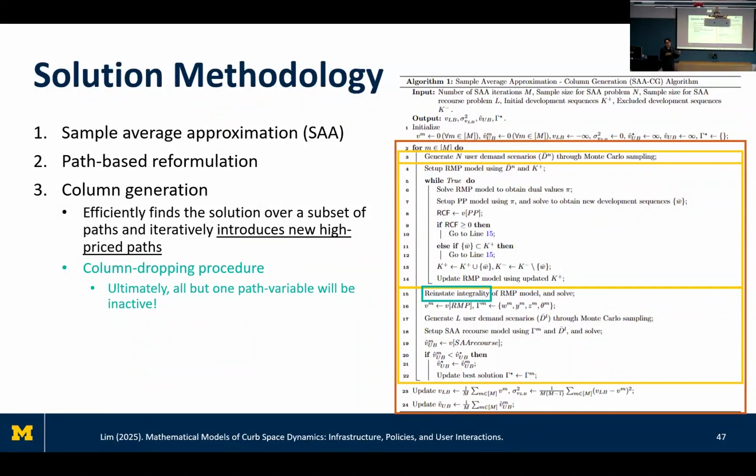Some, even though they were introduced as originally highly priced variables, can later be priced out and become zero. I simply drop them, which will further reduce the problem scale with a small compromise of the solution quality. Because when we reinstate the integrality, that priced-out variable could be the best solution. So there could be a small compromise, but ultimately I showed that the compromise is good enough for us to keep it.